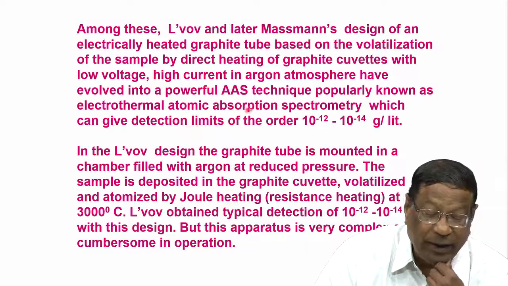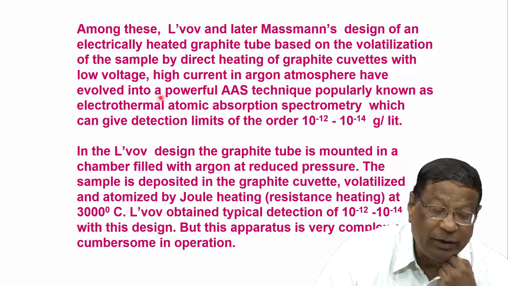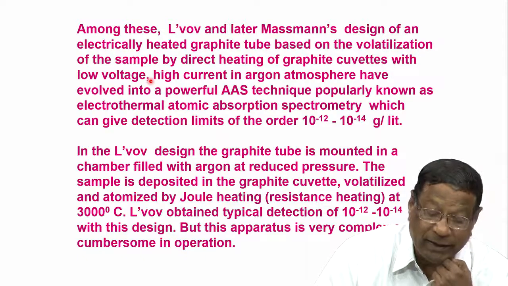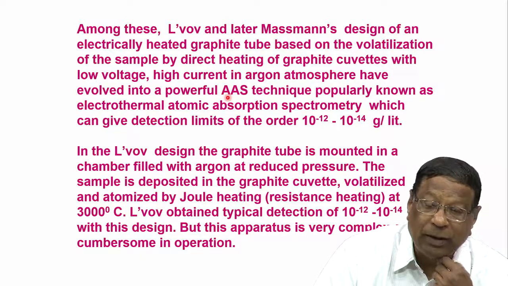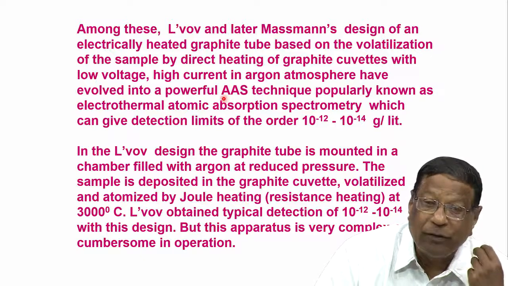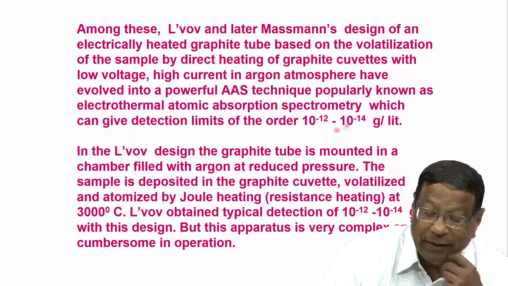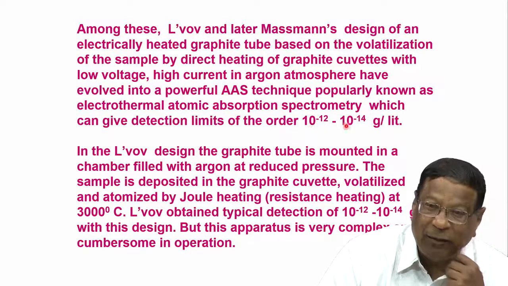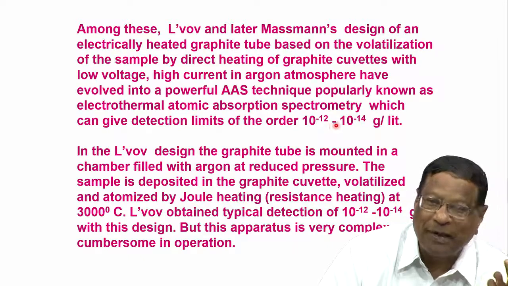They found that with low voltage and high current in argon atmosphere, they could get detection limits of 10 raised to minus 12 to 10 raised to minus 14 grams per liter. That is less than parts per trillion, whereas in flame it is parts per million.